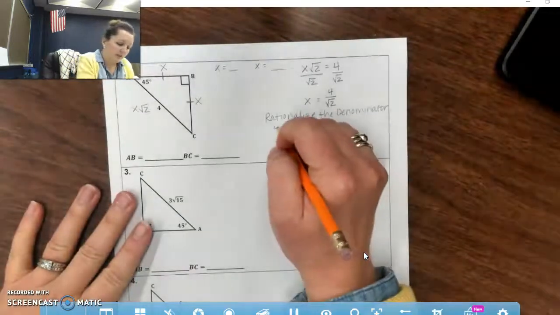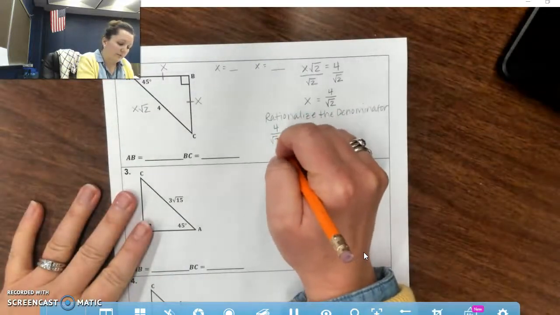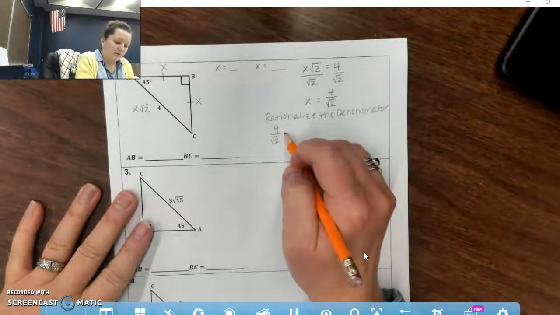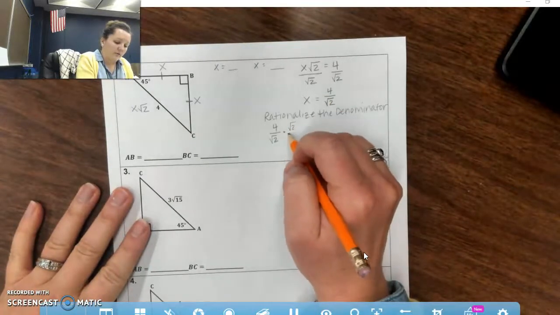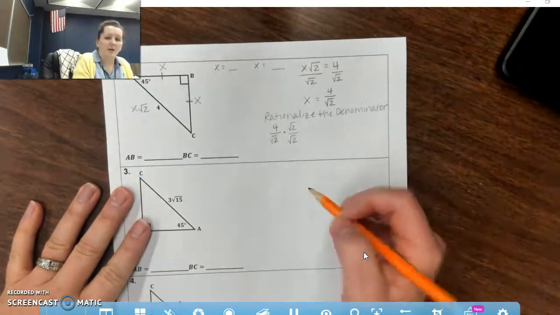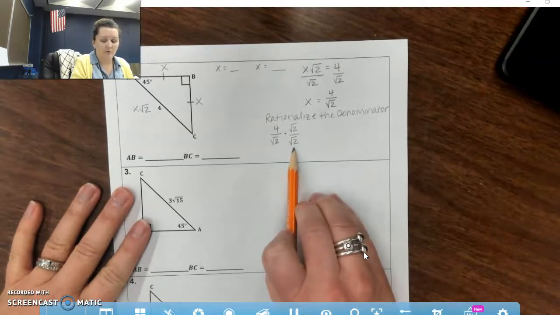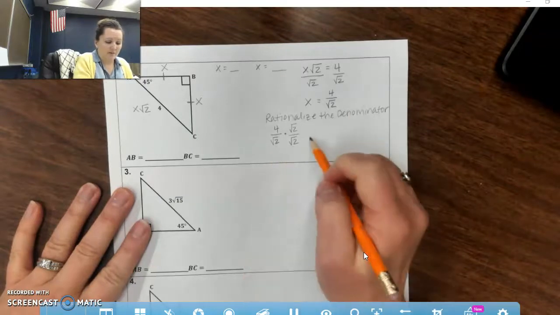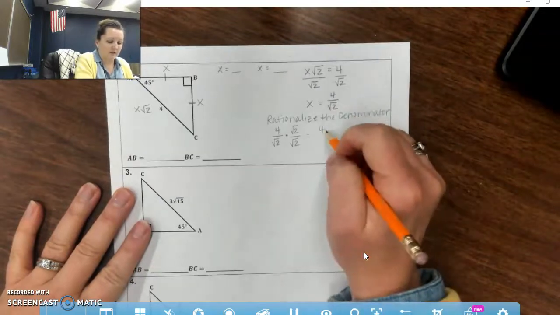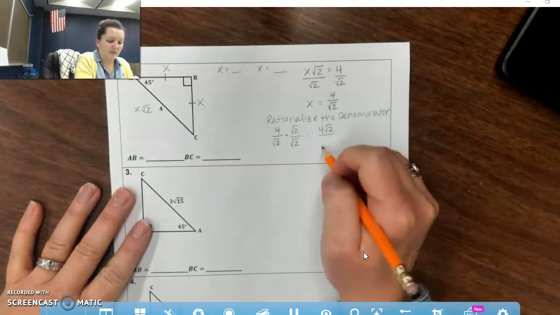So I want to get rid of this square root of 2 without changing the value. So I'm going to multiply it by a form of 1. So look at this, square root of 2 divided by square root of 2 is 1. But it'll help me get rid of this because it kind of does the same thing that we've done together.